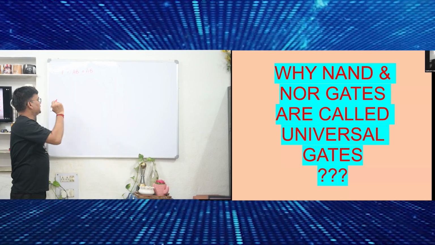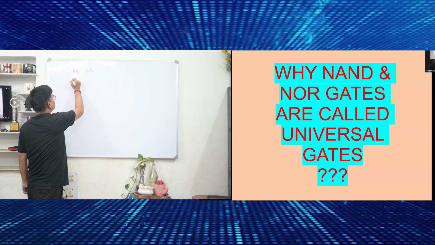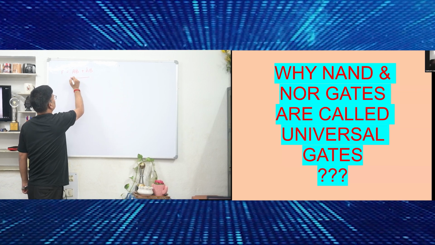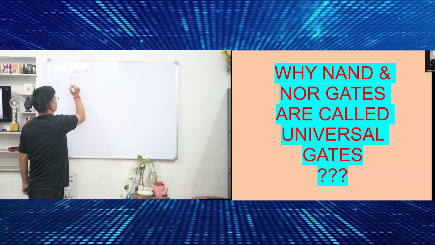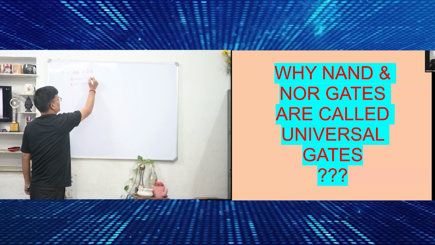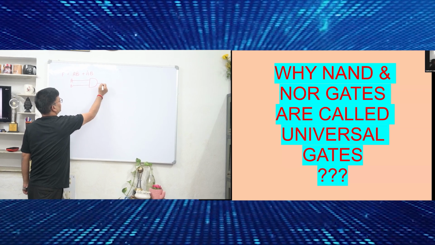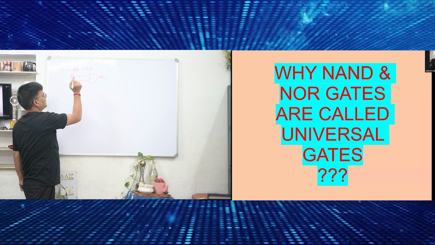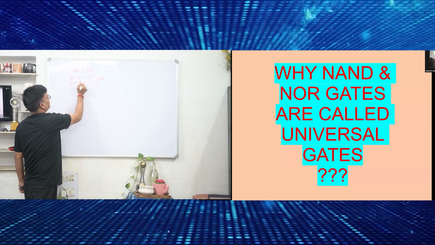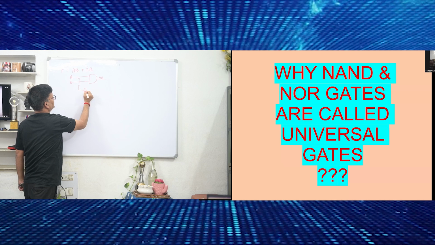Now I have two inputs A and B. I am taking this A, this is B. AB means I have to use AND gate. This is the AND gate. AB. Now A bar B, I take this A only here and I add a complement to it.